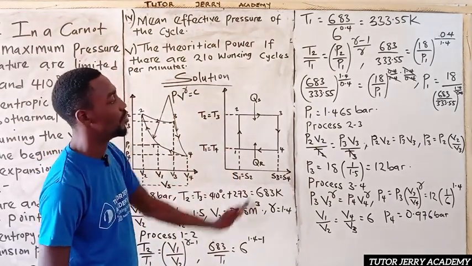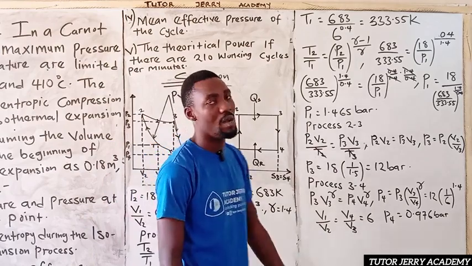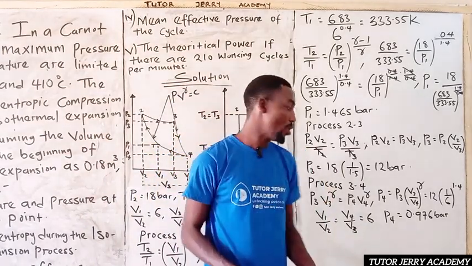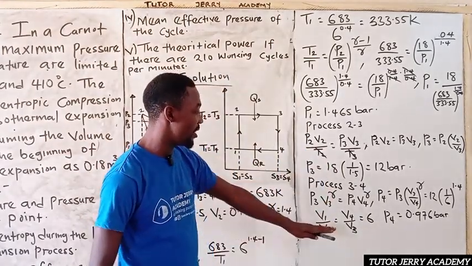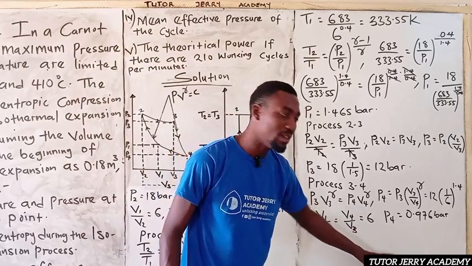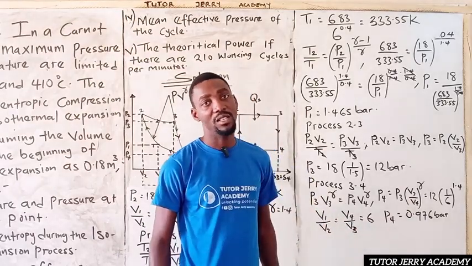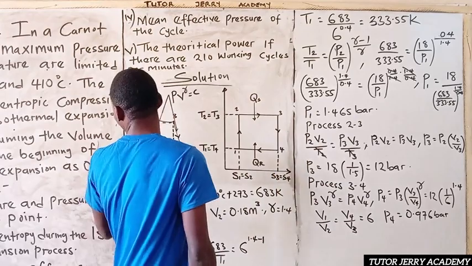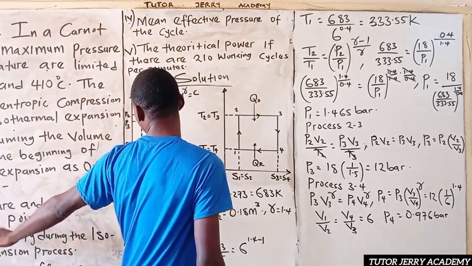So we are done with the solution of question number 1. For exam purposes, when you are done, you can just list them: T1, T2, T3, T4, P1, P2, P3, P4, and list all their answers. Is that clear? All right. So now we are done, so we are going to move to question number 2.